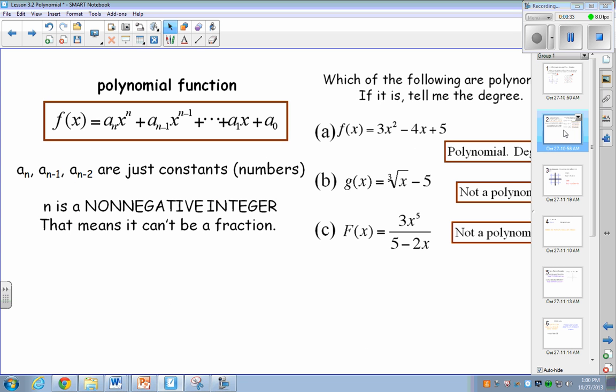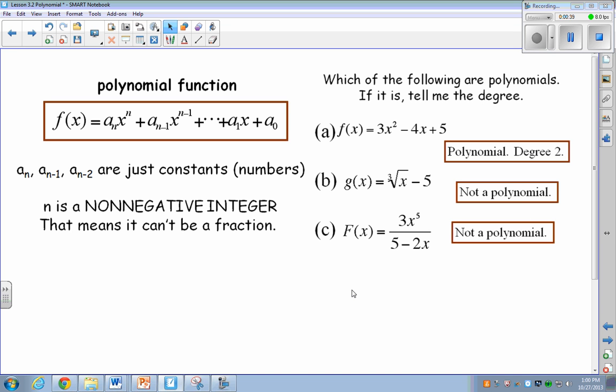But before we get started, we're going to talk about what the definition of a polynomial is, or what a polynomial looks like. We can generalize the way polynomials look in this case right here. A polynomial is a function represented by many terms, and these a's represent constants multiplied by our x.